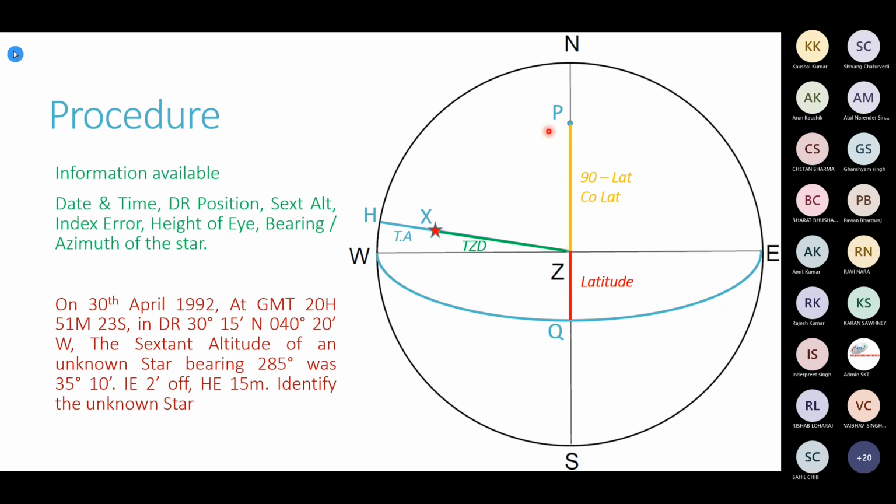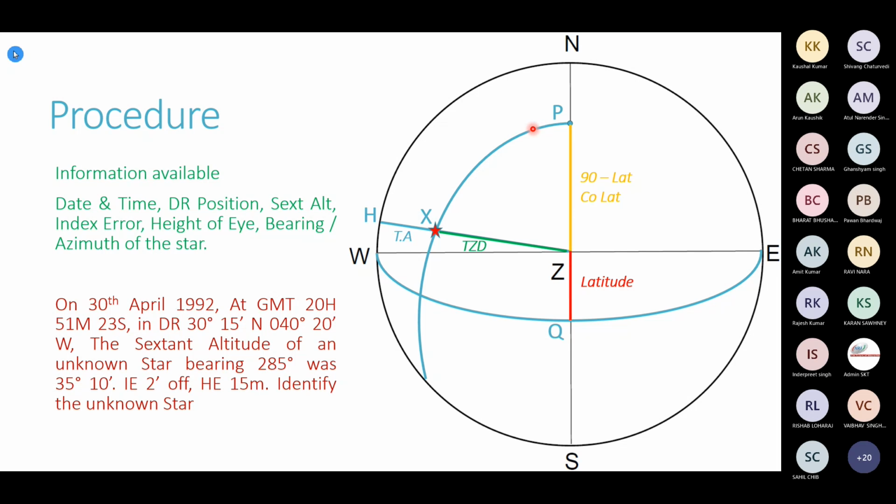The third side is PX, and this side is represented by the celestial meridian of the star. So let's draw the celestial meridian of the star in the diagram.